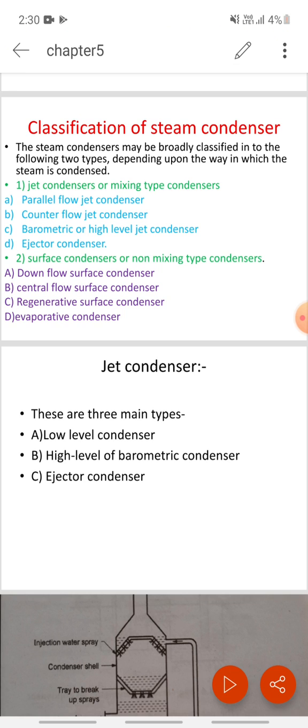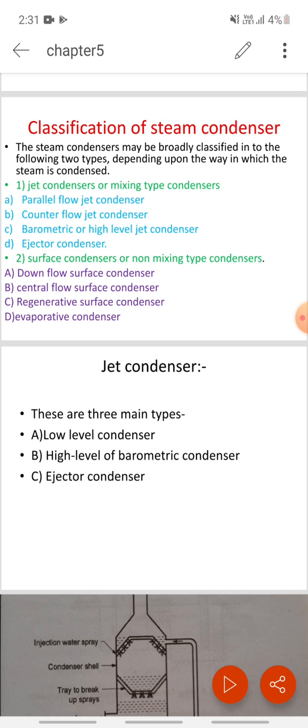And second is surface condenser. In this type of condenser, the cooling water and exhaust steam do not actually mix, there is no direct contact, but the cooling water passes through a number of tubes and the exhaust steam passes over the outer surface of the tubes.